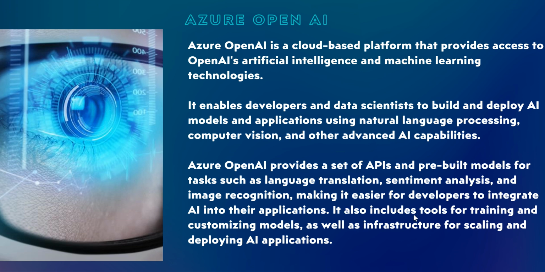It also includes tools for training and customizing models, as well as infrastructure for scaling and deploying applications. Now see how easy Azure has made it for us: the OpenAI API is ready for you. Let's say you are using app service or virtual machines. You just need to use that API in the deployed application over the app service or virtual machine, and you can directly use the services which OpenAI is providing.